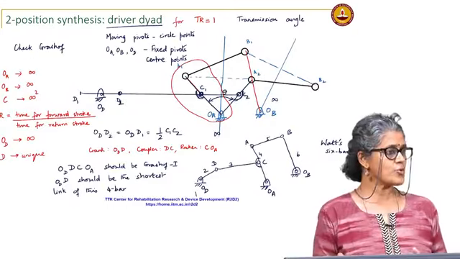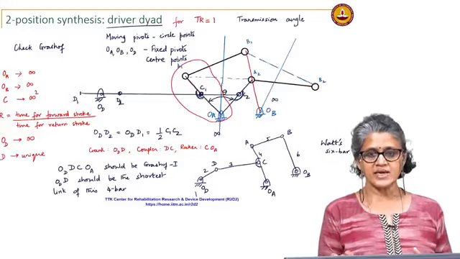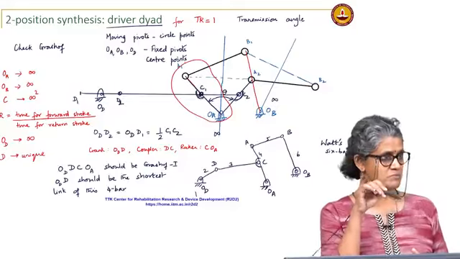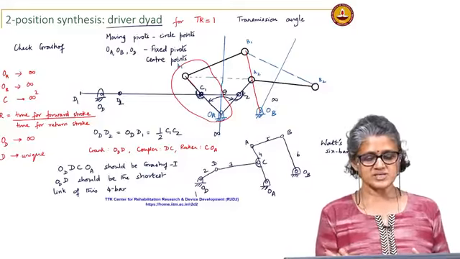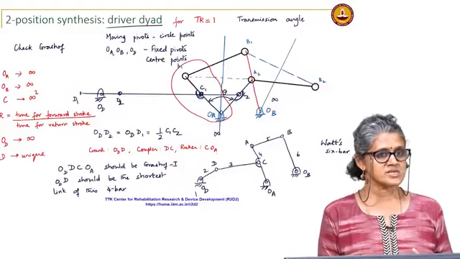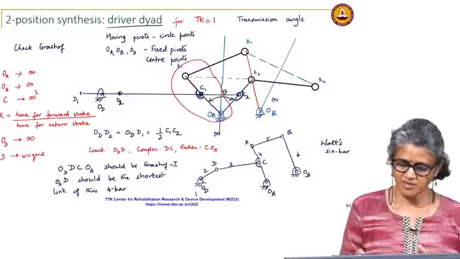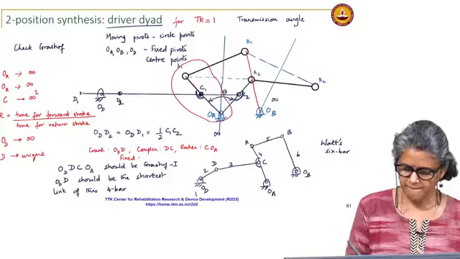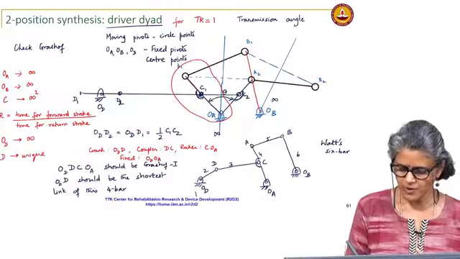It is not A1OA, because the linkage does not care what points I am taking beyond the pivot. As far as this linkage is concerned, the rocker is COA, and the fixed link is ODOA.